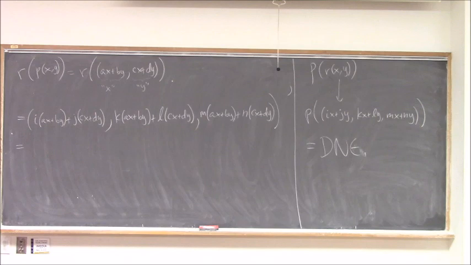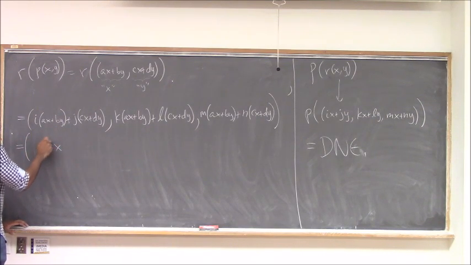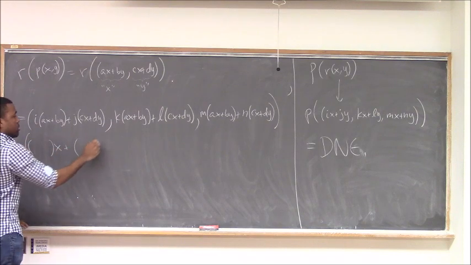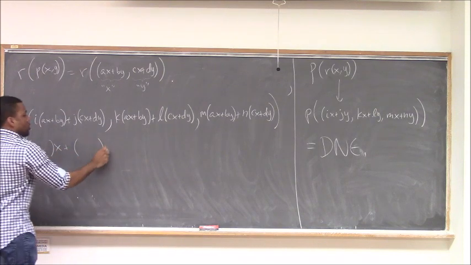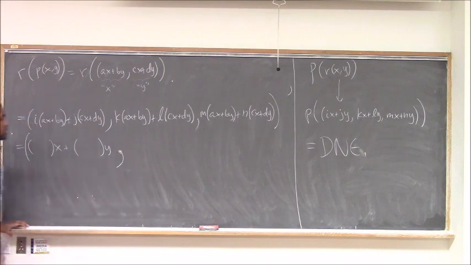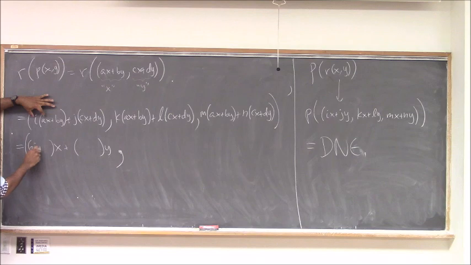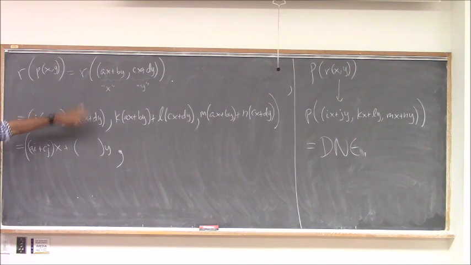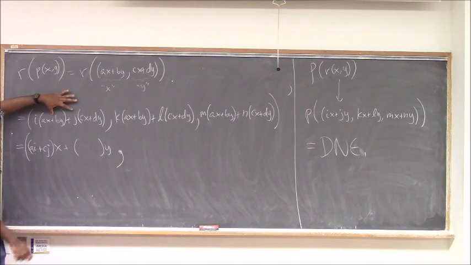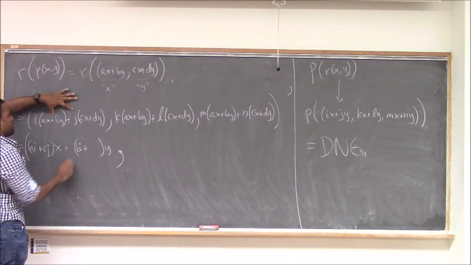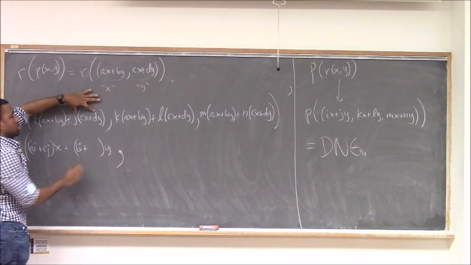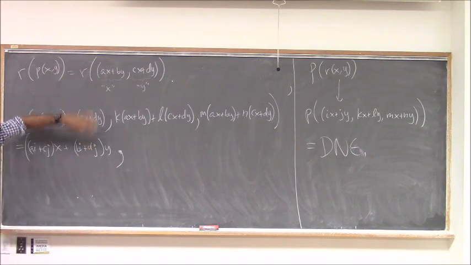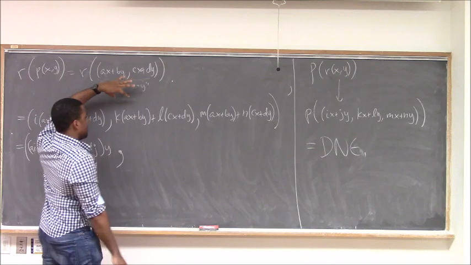Now what is that going to look like? Let's multiply out and collect terms. How many x's versus how many y's do I have in the first component? Here I have ai plus cj. Look at the y's. I have bi plus dj. Move over here, I'm going to do the same thing.